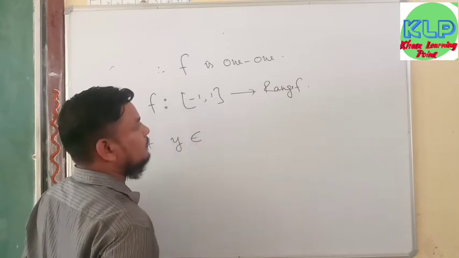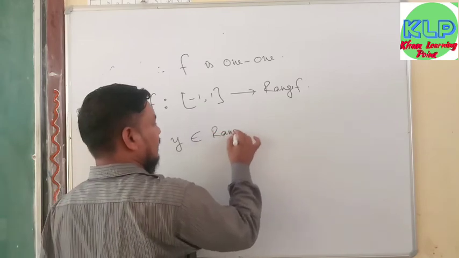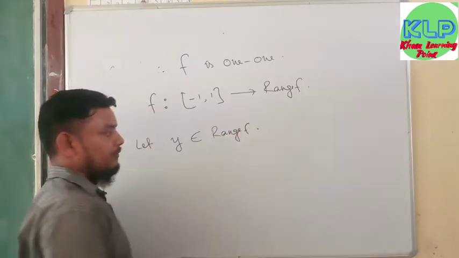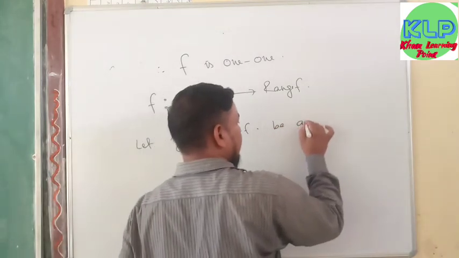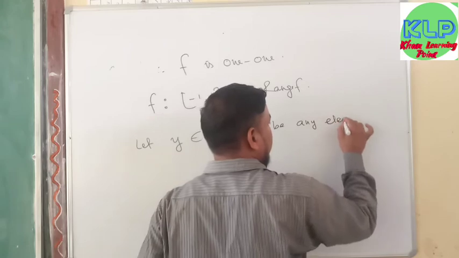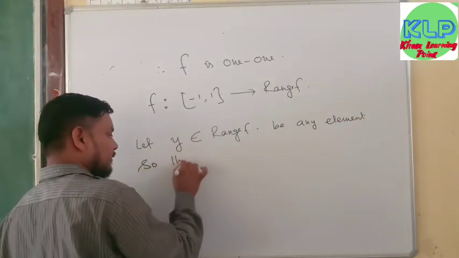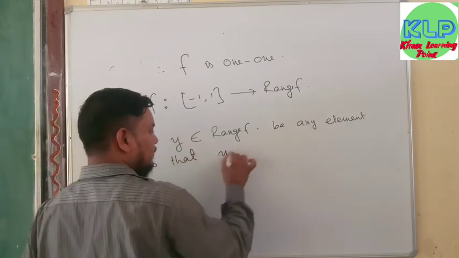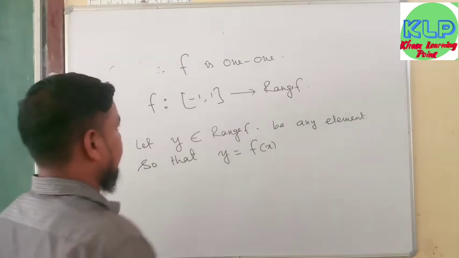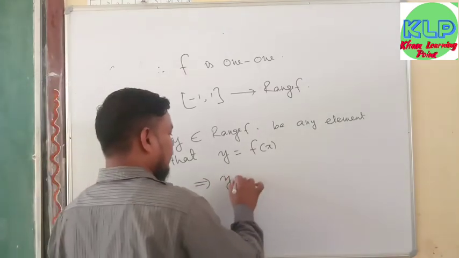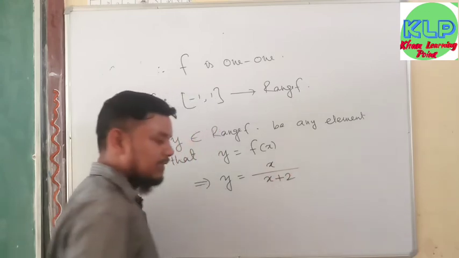Let y belong to the range of f be any element, so that y is equal to f(x), that is y is equal to x by x plus 2.